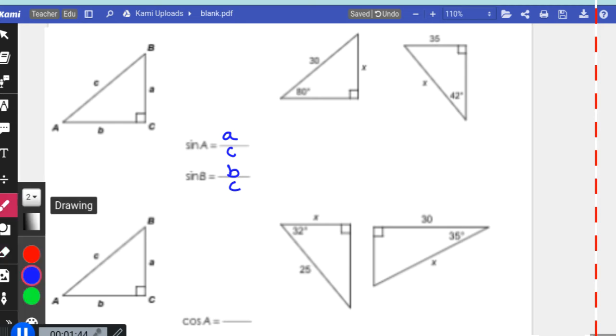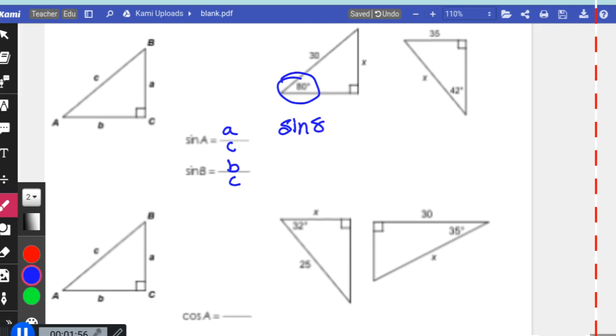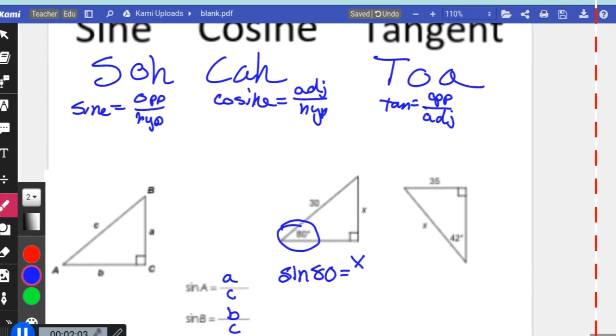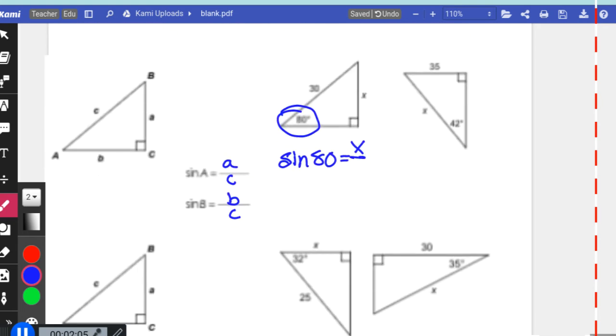Now we're going to apply that to our numbers. We have this angle here, that's our theta. So sine of the angle, sine of 80, equals opposite over hypotenuse.